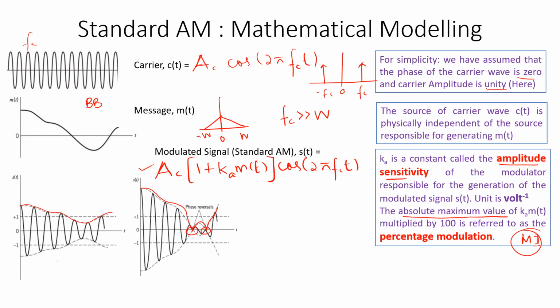The basic idea to keep in mind is, if you multiply a sinusoid with a positive number greater than 1, it will be amplified, right?